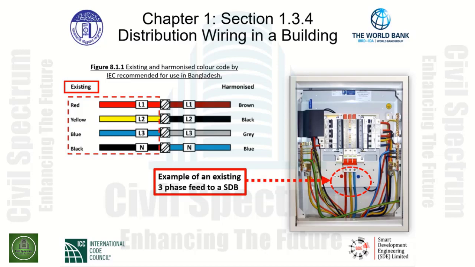This is an existing panel, existing wiring. So when we go back to figure 8.1.1, we can use the code to properly identify these particular colors based on the existing standards. As well as we can see that we also have green wires used as the ground or earthing wires accordingly.